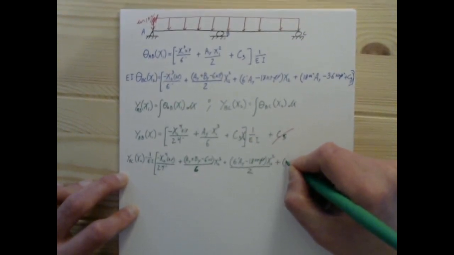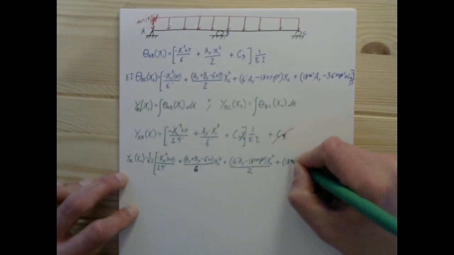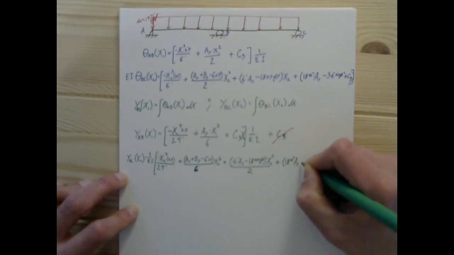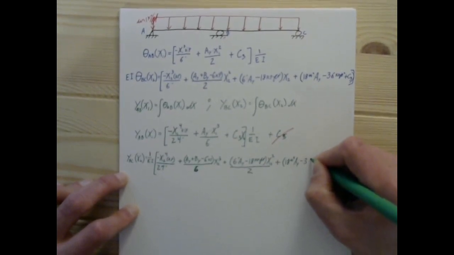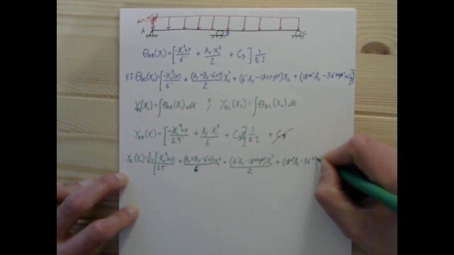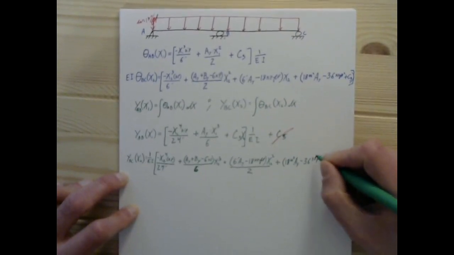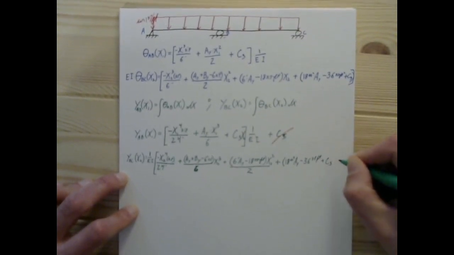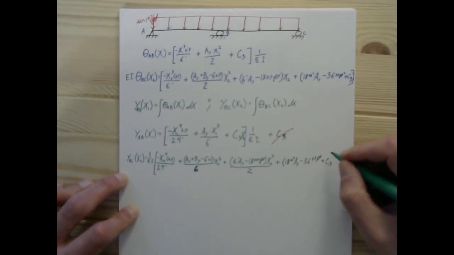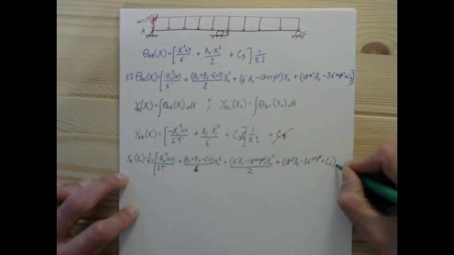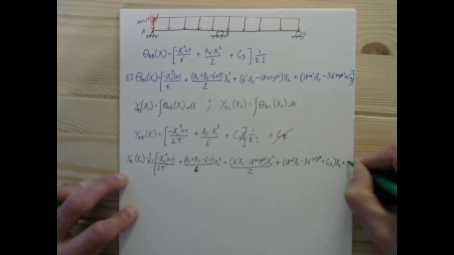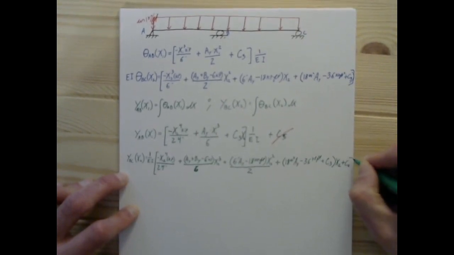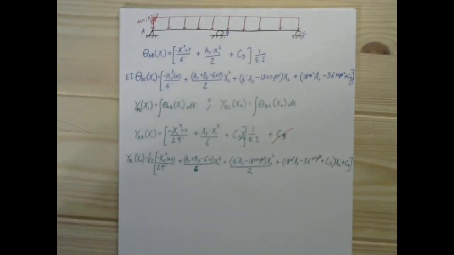And then add in 18 feet squared AY minus 36 kip feet, plus that constant of integration C3 that we haven't figured out yet, but at least we don't have to deal with C4, times x2, plus some constant of integration C6.